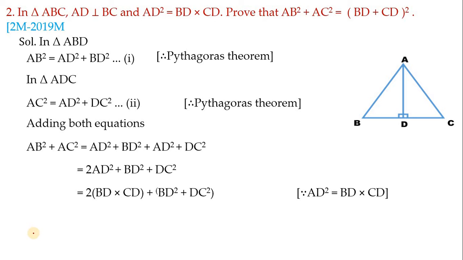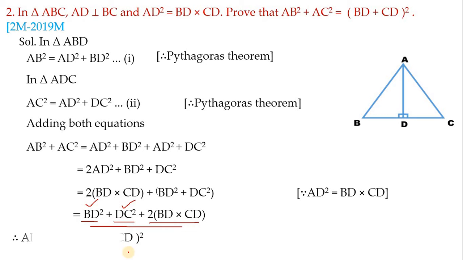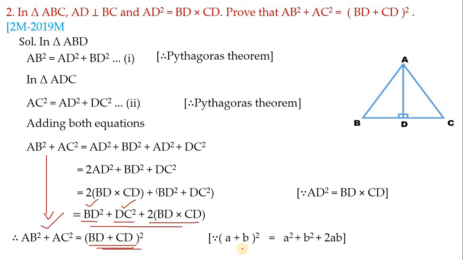See now. Here, a square plus b square plus 2 into a into b. So now what is a value? BD. What is b value? DC. Hence here can I write BD plus DC whole square? This is what we wanted to prove, children. See, on the left hand side, this you write as it is, AB square plus AC square, and here we have got BD plus CD whole square, and the reason is (a plus b) whole square is equals to a square plus b square plus 2ab. This reason you have to write.